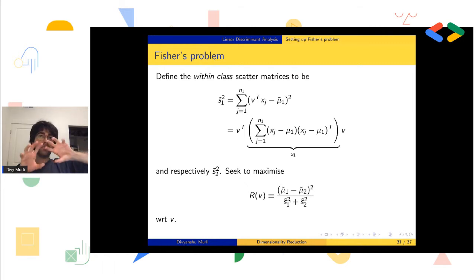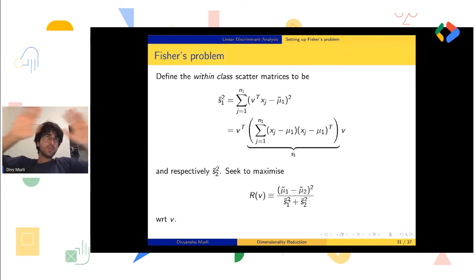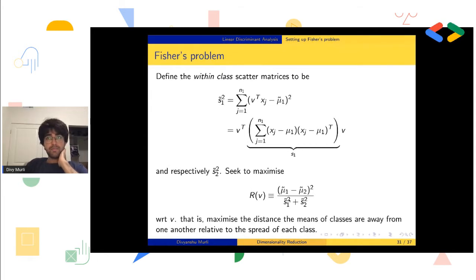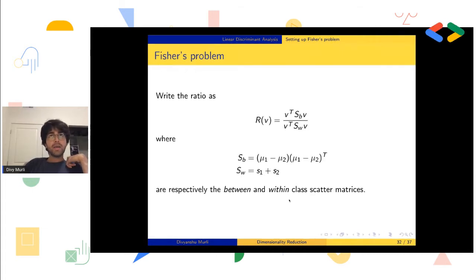So we want to choose a V such that we separate the centers of the two classes further apart compared to the variation within each class. Okay, so we can rewrite this ratio in this way, where we define these matrices SB and SW. B is between and W is within, so it's between class and within class.